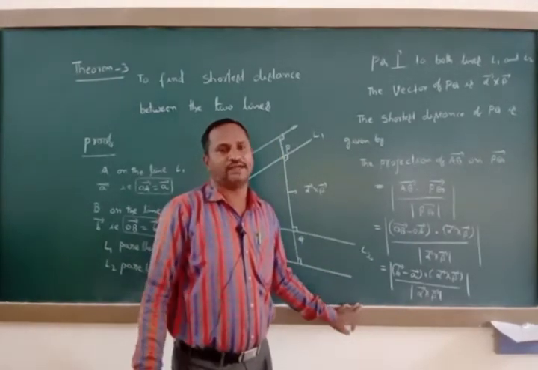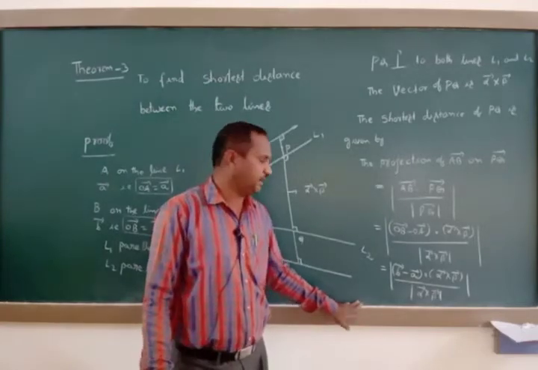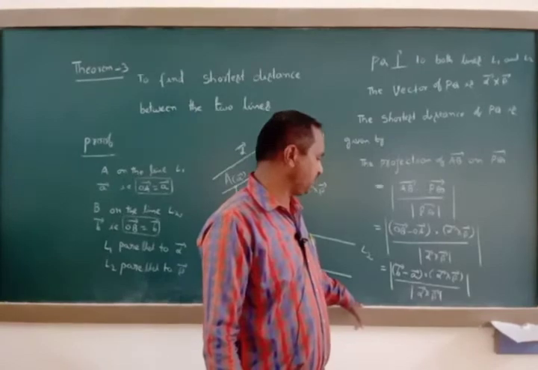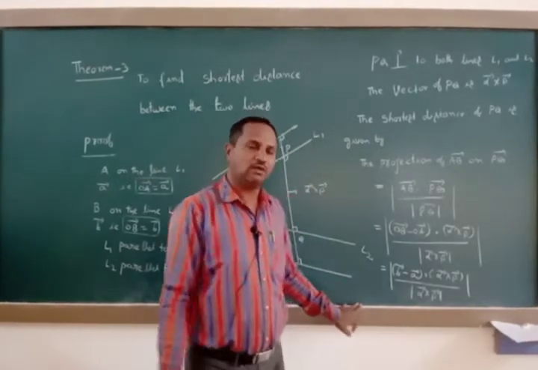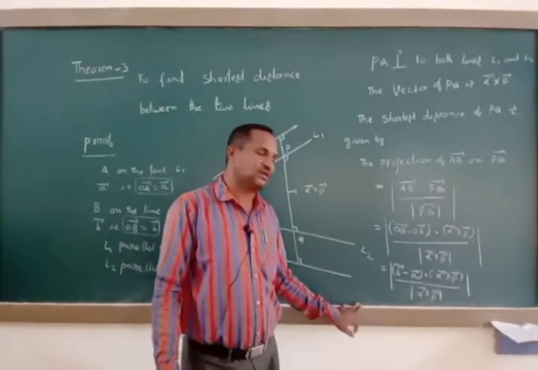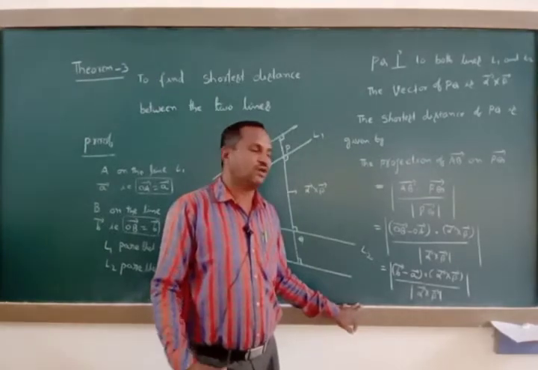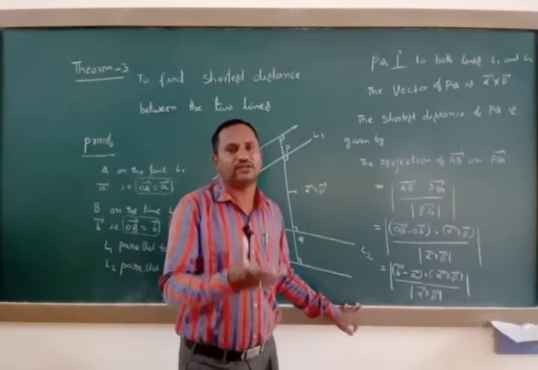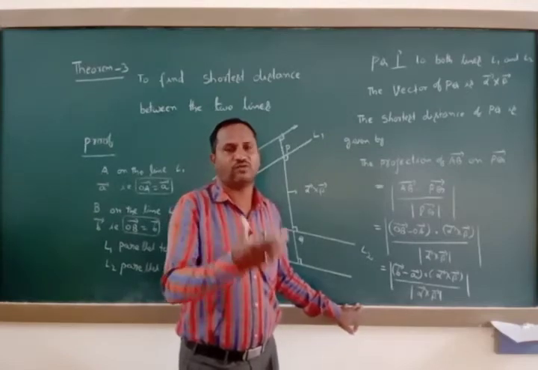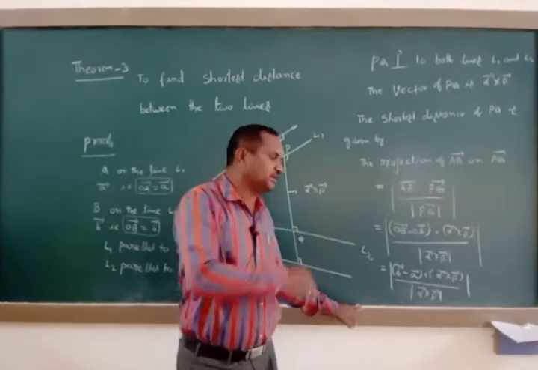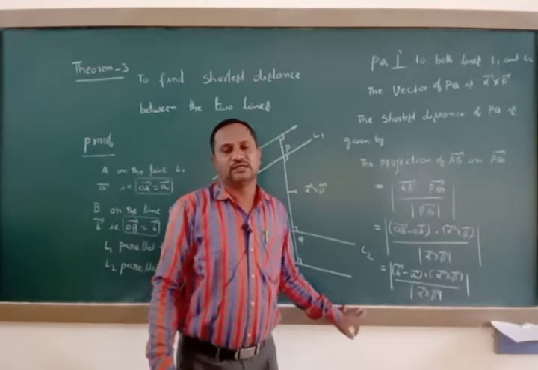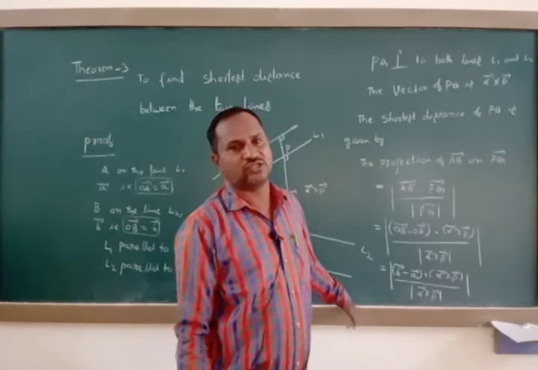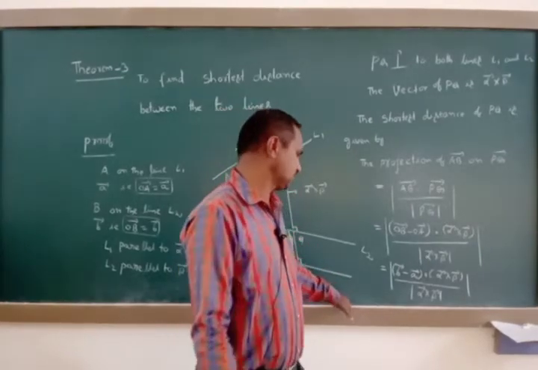From the given two lines we have to collect the vectors A, B, alpha and beta. After finding all the four vectors, we substitute them in this formula, and we will get the required distance between the skew lines, that is the shortest distance.